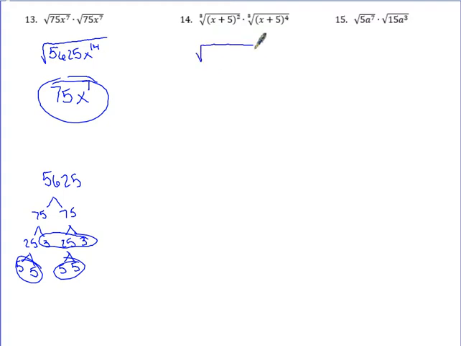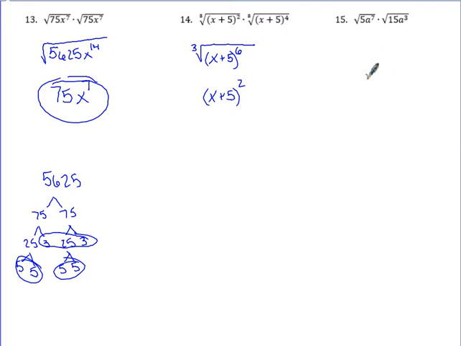When I do that, I'm going to have the cube root of x plus 5, and because this is all one grouping, I can add these exponents. So this would be (x plus 5) to the 6th. The cube root of the 6th, 6 divided by 3, is 2. So this simplifies to (x plus 5) squared.